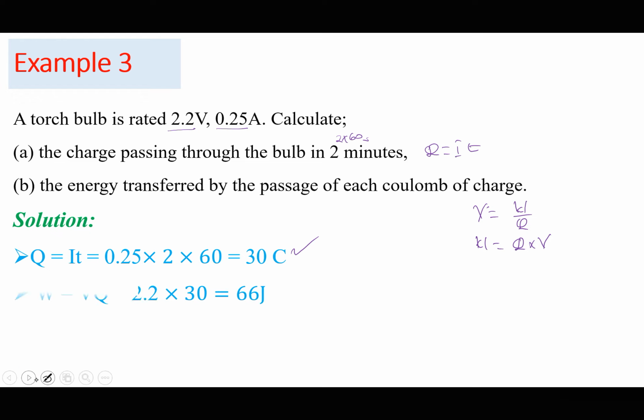And we have that the energy transferred or the work done is going to be charge times accelerating PD, which gives us 66 joules. So that is all I could say about PD, because you saw this in IGCSE. The only thing you may not have used in IGCSE is PD being equal to work done per unit charge, or PD being equal to energy per unit charge in calculation.